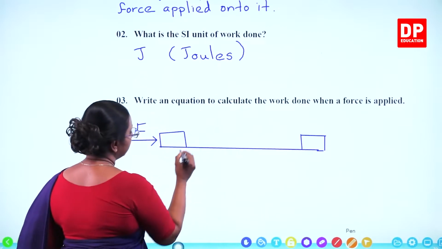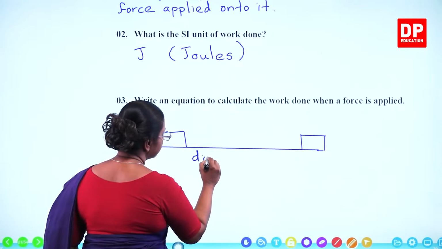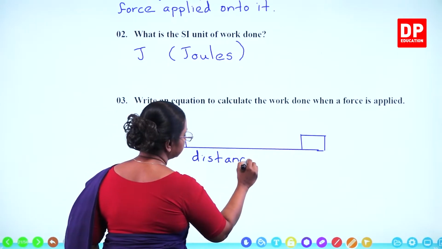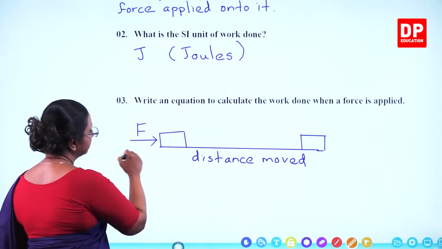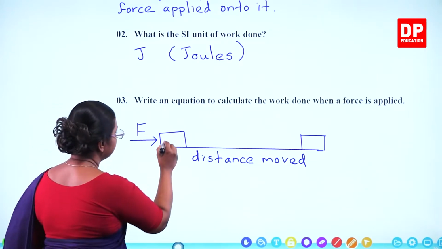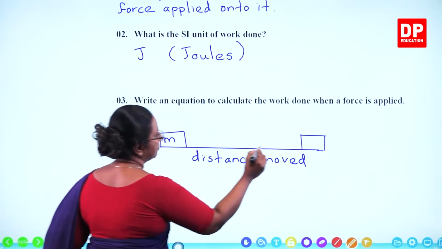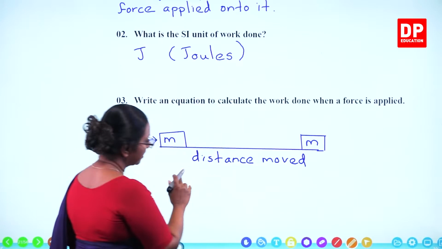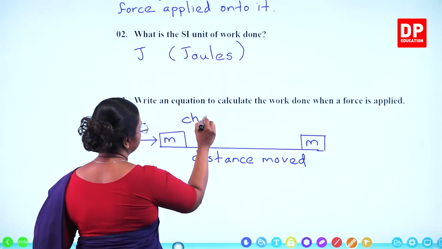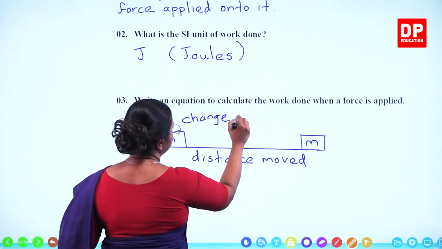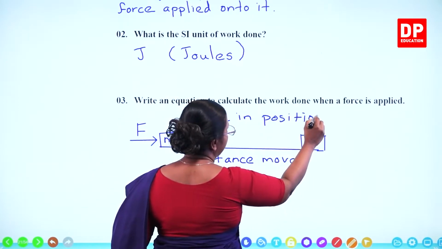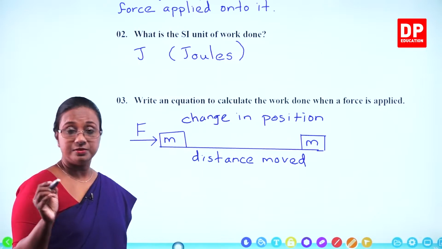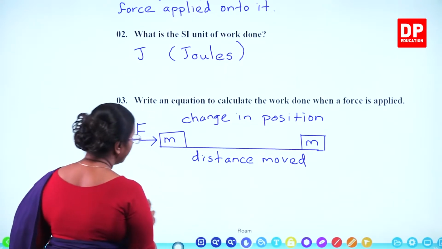So, here if we say this is the distance moved, and here the force applied, this has a certain mass, so that object goes to that position. There is a change in position. So we apply a force and there is a change in position. That means there is work done.